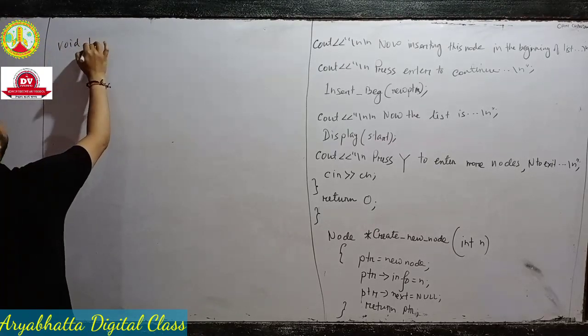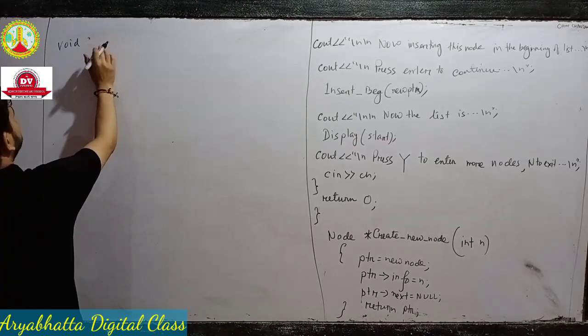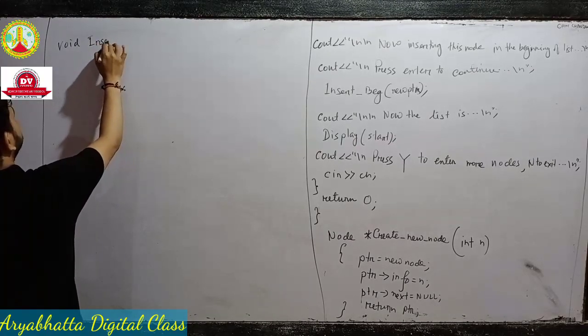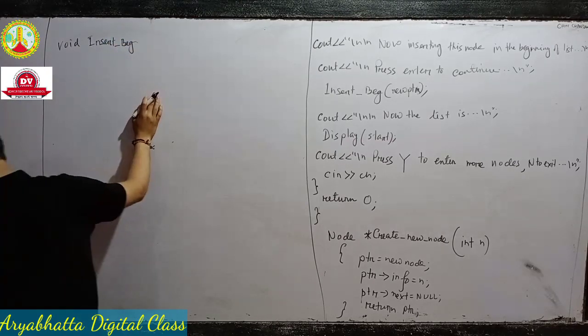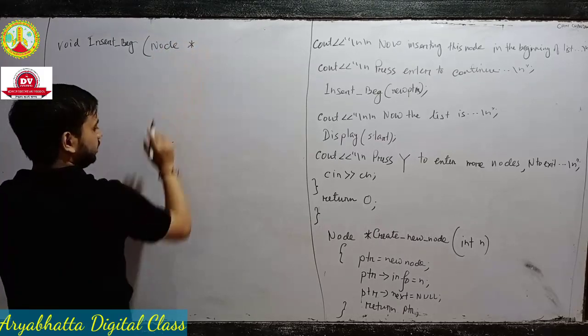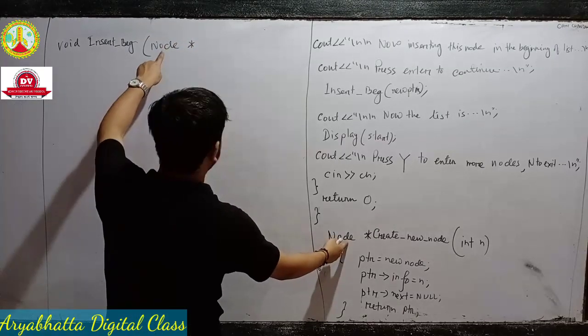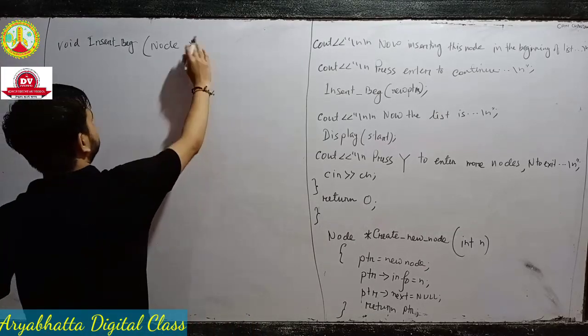Now give a void insert beginning. This node is what? Structure. Okay, you see, structure.